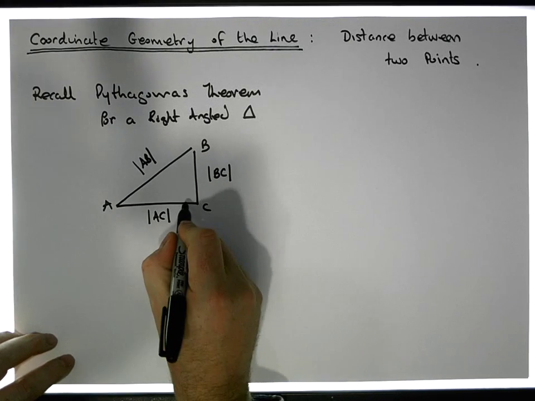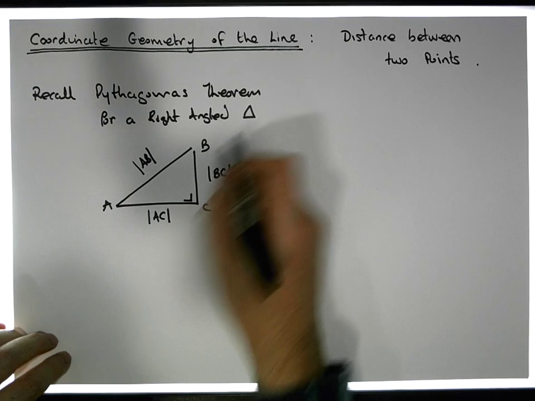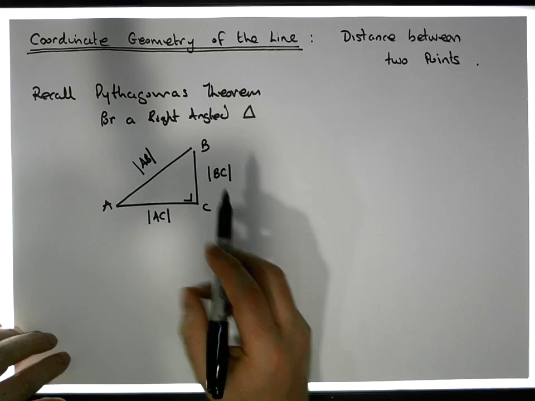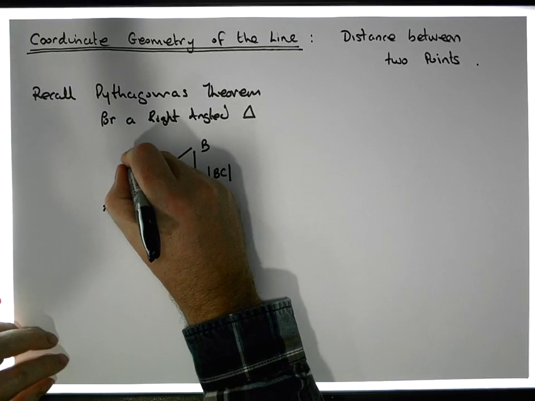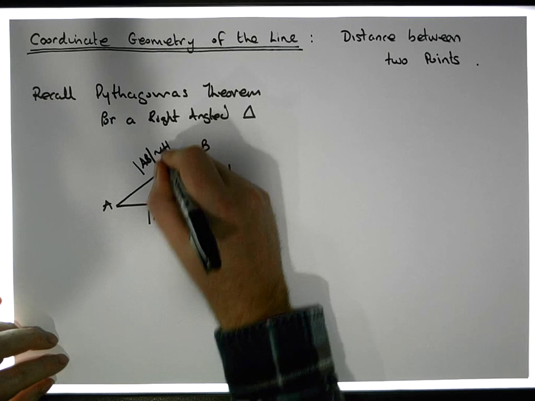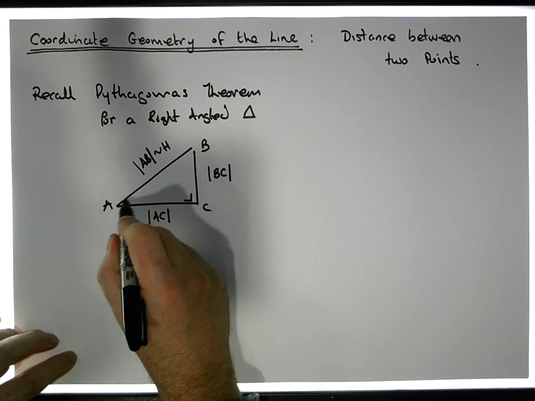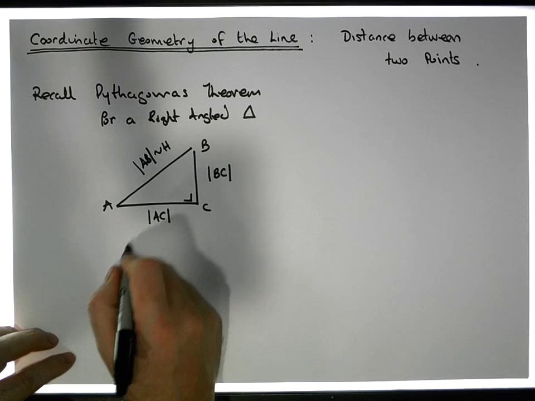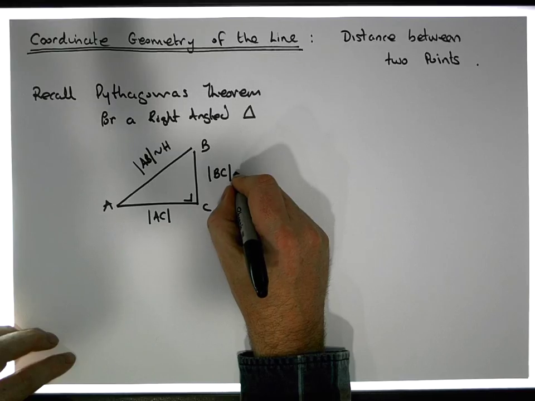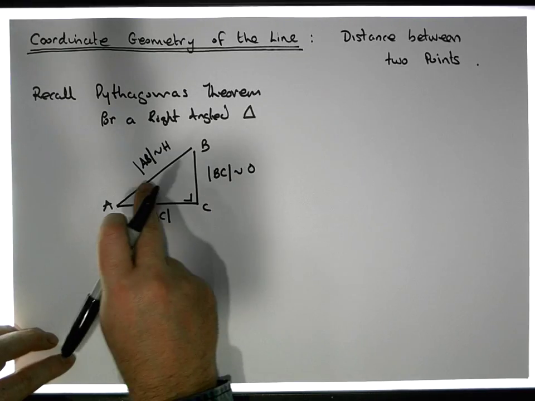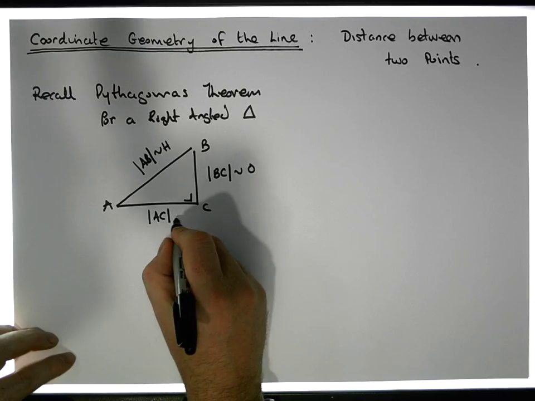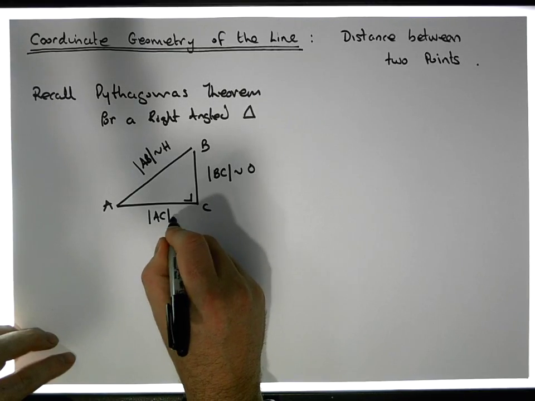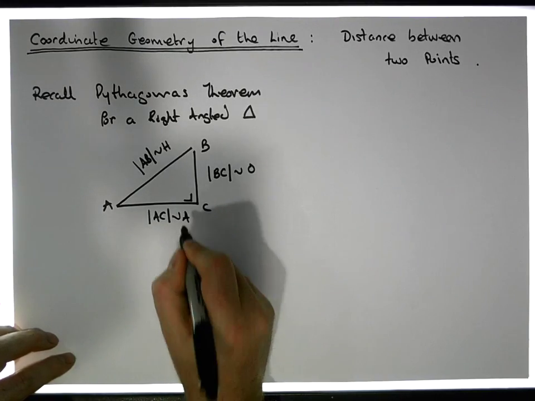And this is a right angle here. I suppose this is the hypotenuse over here. This is the opposite side, opposite of this particular angle BAC, and here's the adjacent.